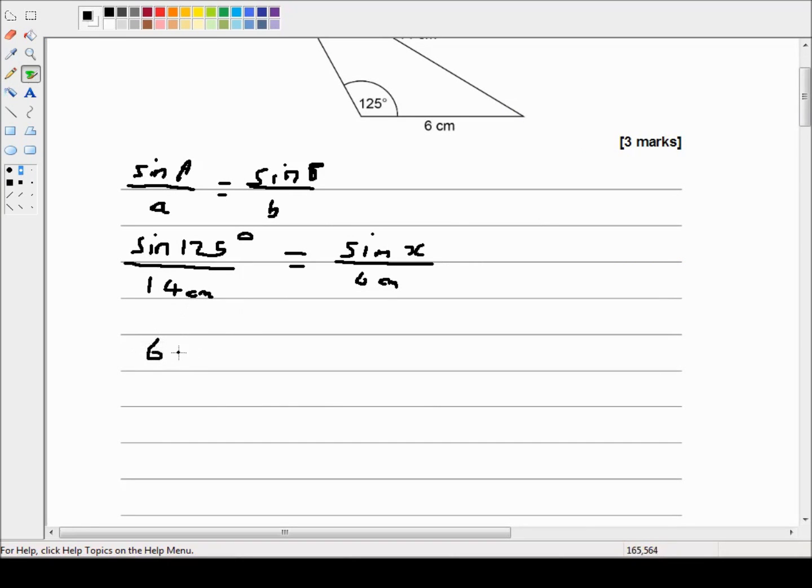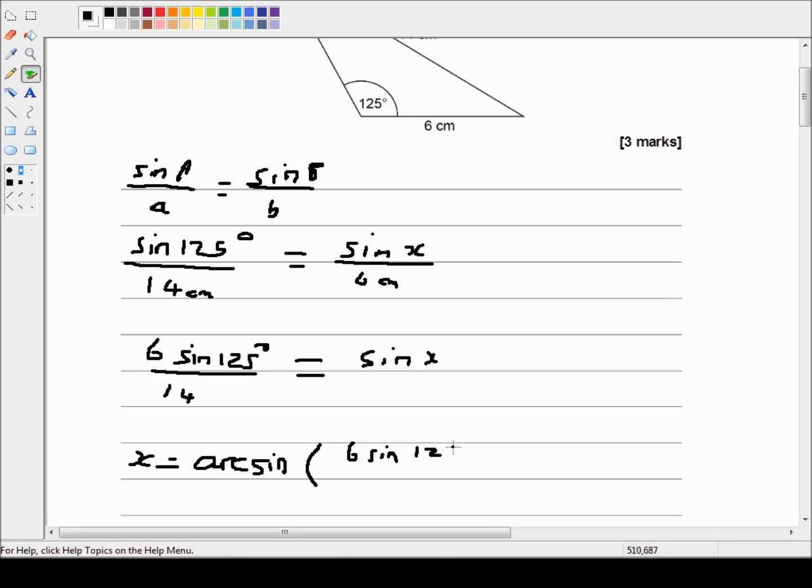It's just 6 times sine 125 degrees over 14, and the reason I can ignore the centimeters is because if I put the centimeters in, they just cancel out, and that's equal to sine X. So X is equal to the arc sine, or you might write it sine to the power -1, of 6 sine 125 degrees over 14.